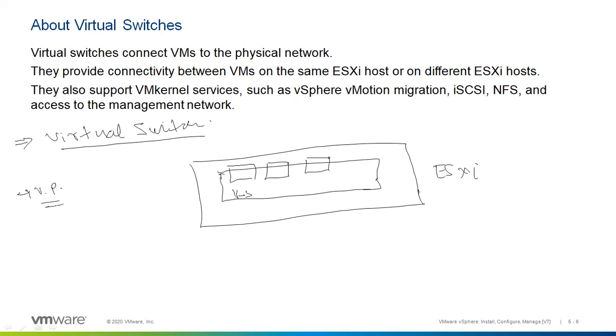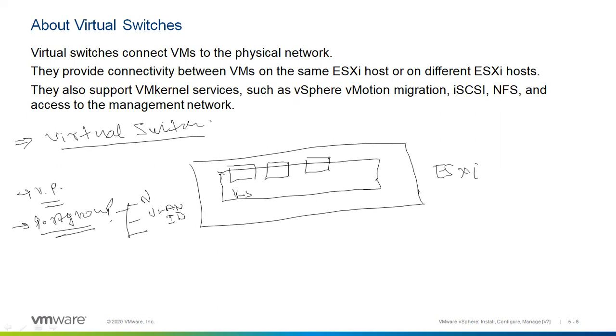To configure and create a virtual port, first of all we have to create a port group. A port group is just parallel to your VLAN. So whenever we configure a port group, we have to assign a name and a VLAN ID as well.